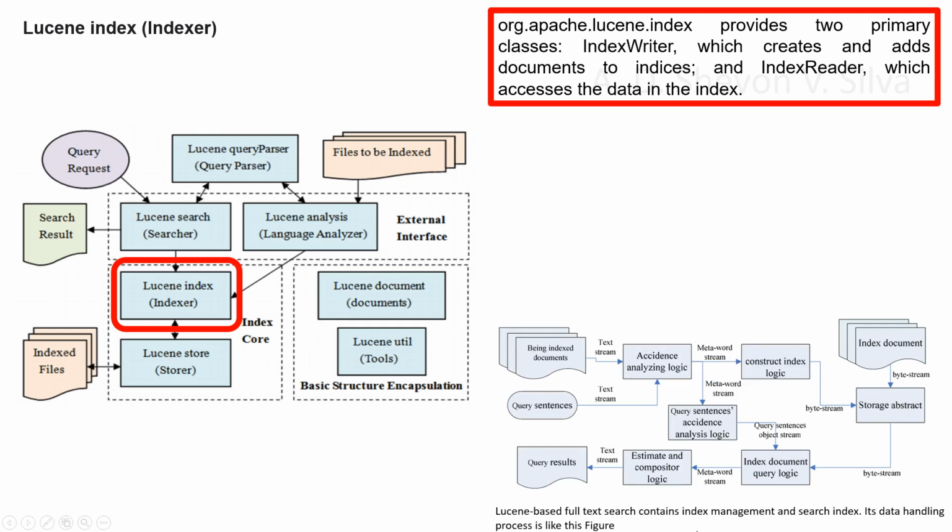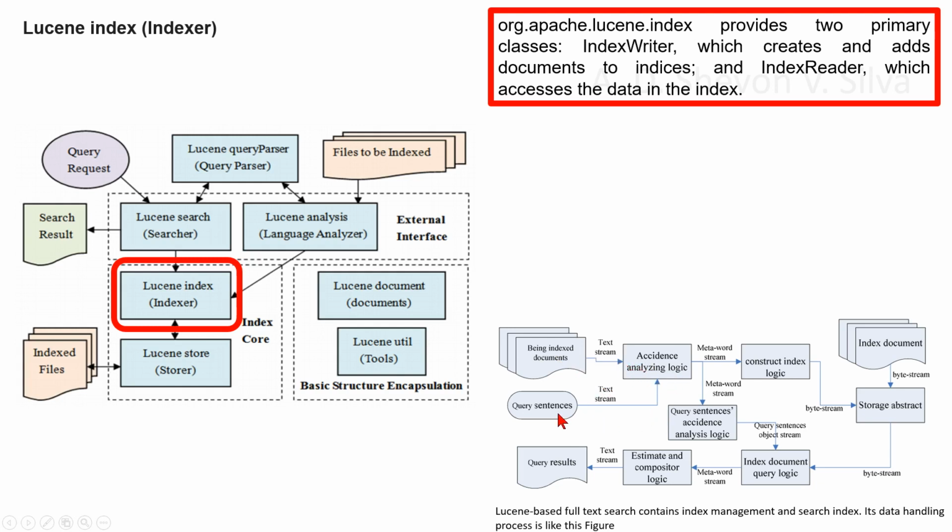Here you can see Lucene based full text search contains index management and search index. Its data handling process is like this figure. Here the being indexed document is connected to the text analyzing logic. Text stream is passed from the being indexed document to the analyzing logic.